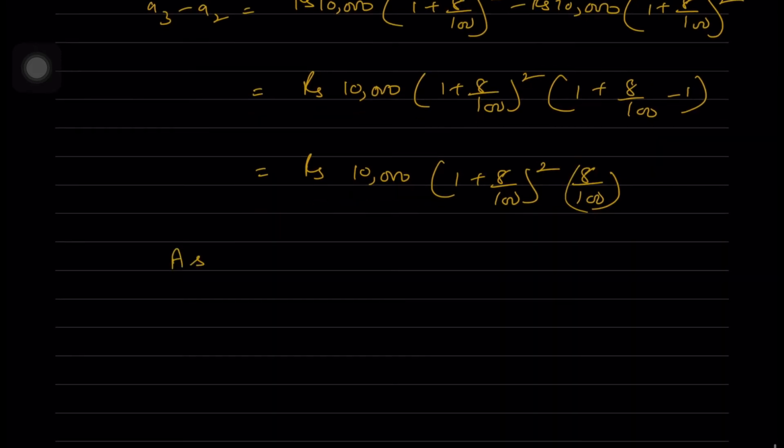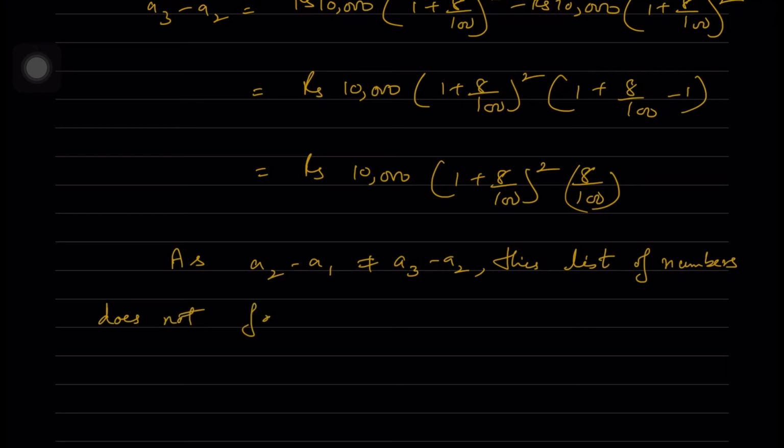As A2 minus A1 is not equal to A3 minus A2, this list of numbers does not form an AP.